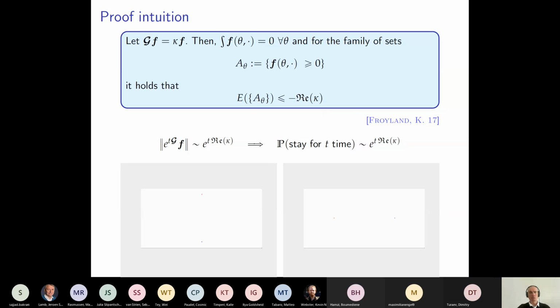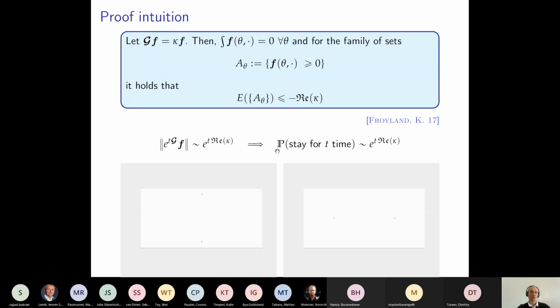Okay, let me just give you some very basic intuition of how the proof of this theorem goes. Why does this hold? The basics are that the norm of a signed density F, which has a positive and negative part, if we push it with our transfer operator, which is formally e to the power of t times the generator, decays as our eigenvalue tells us it will decay.